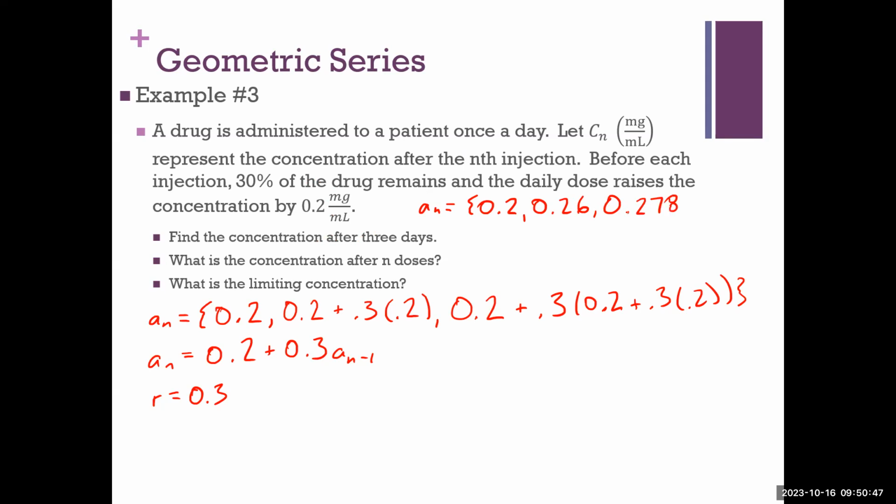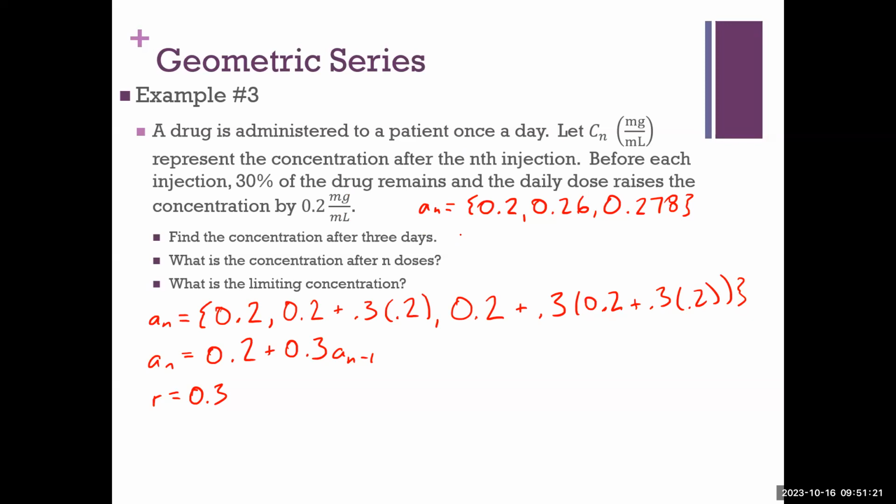I got 0.278. Is there a common ratio that joins those things? So we've kind of said that there are two elements of this sequence. There's something additive, and there's also something multiplicative, right? So this additive component is 0.2. The multiplicative component is 0.3, 30%.